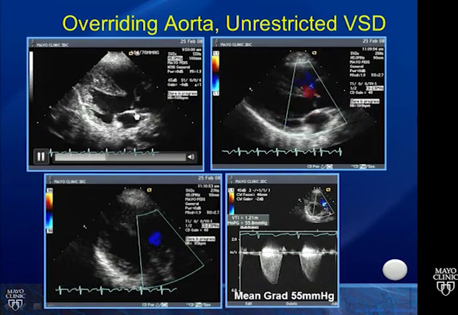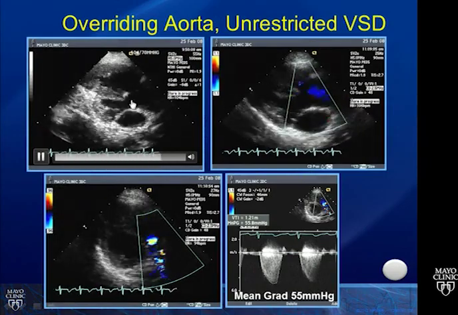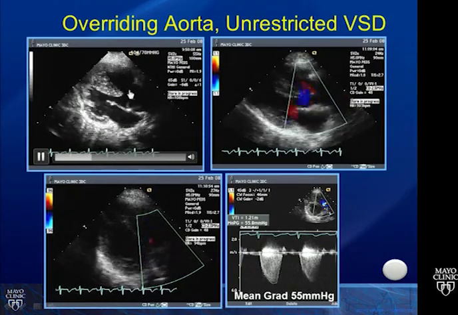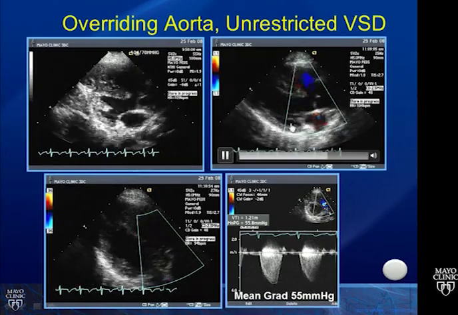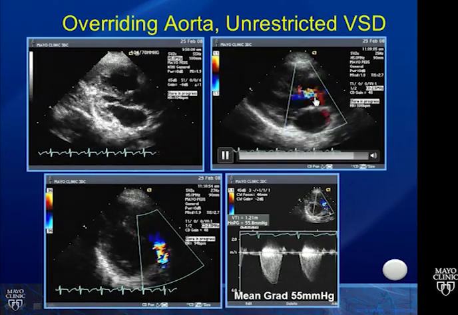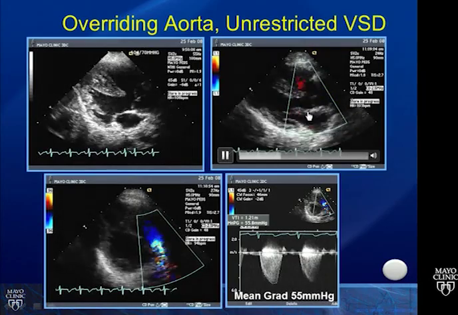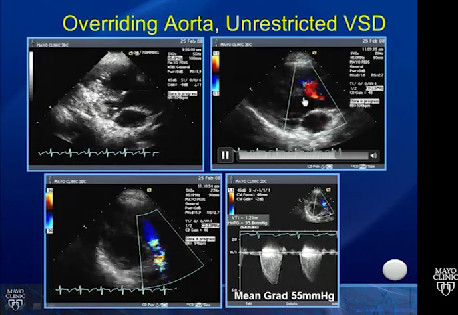And here in the parasternal long axis view, you can see the aorta, a pretty obvious lack of echo here with the right ventricle, left ventricle, and the overriding aorta. LV size and function may be normal. Again, I think that's a minor issue in this case. You can see some color flow. It's almost a wide open ventricular septal defect, so you don't see a lot of turbulence of flow.